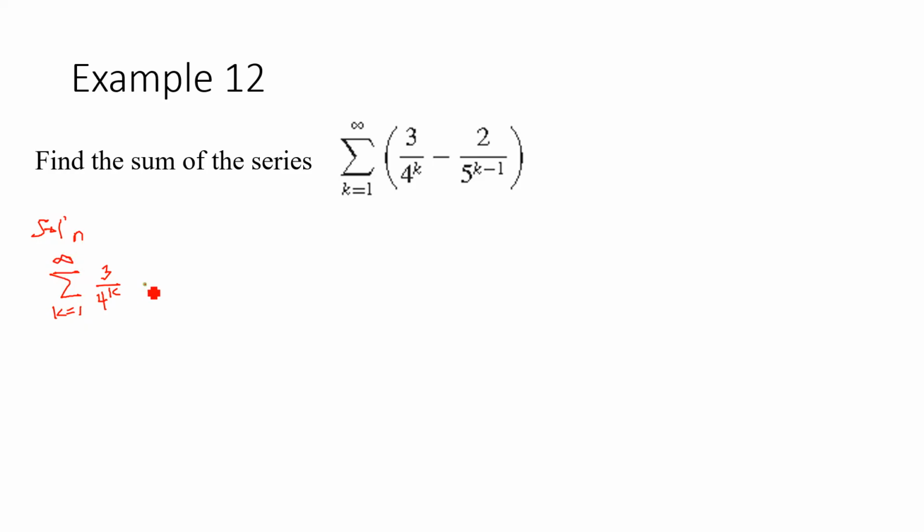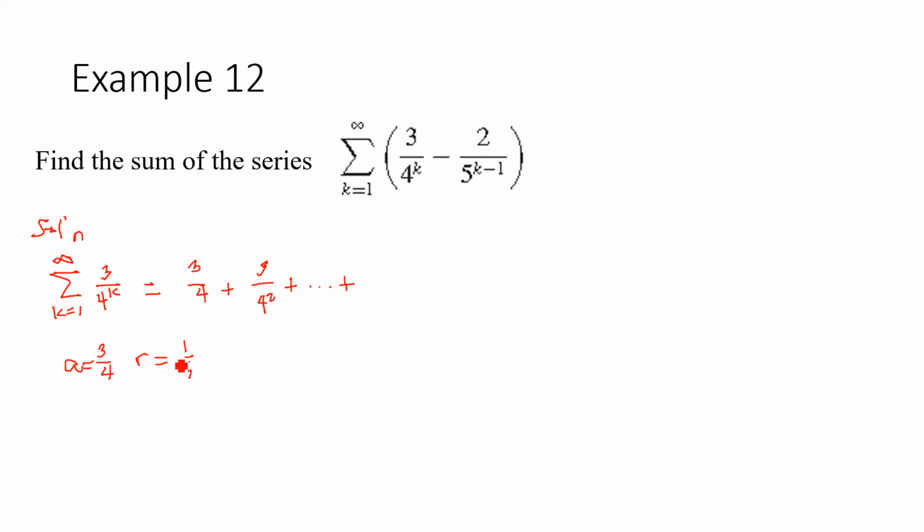That would be equal to 3 fourths plus 3 over 4 squared plus so on. Now this is convergent. Why? Because this is a geometric series, our A is equal to 3 fourths, then our R is equal to 1 fourth. So the sum would be taken from the formula.